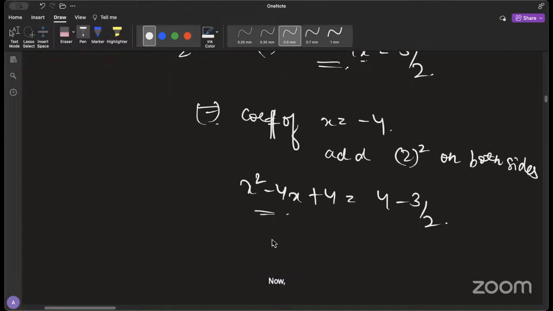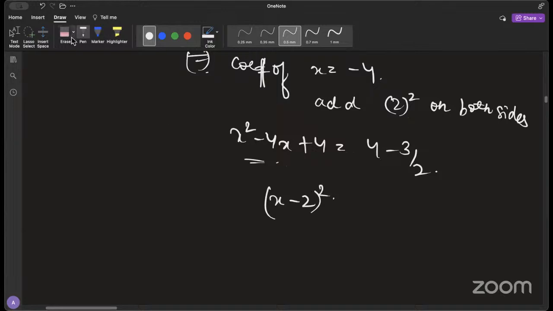Now this is a perfect square. It's the square of x minus 2, right? Because you've done things this way, you can just take the square root of it, this coefficient, and that is 2, right?